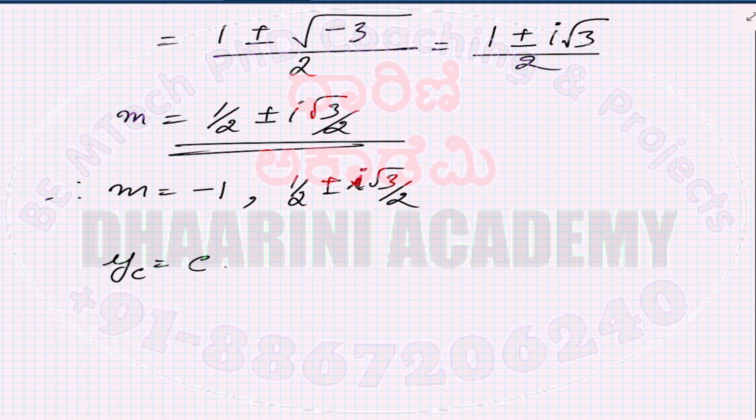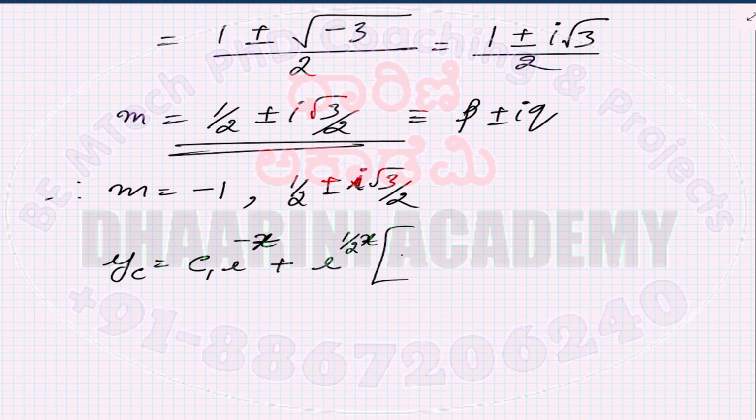So I can directly write c1 e to the power minus x. Then if you check the other roots, the second and the third roots are complex conjugates. So whenever it is a complex conjugate, I am supposed to write e to the power real part. In the sense you can see that this can be equated to p plus or minus i into q. So p is real, q is imaginary. P is half. So e to the half x multiplied with a constant.